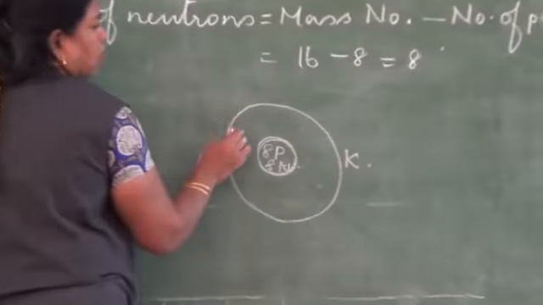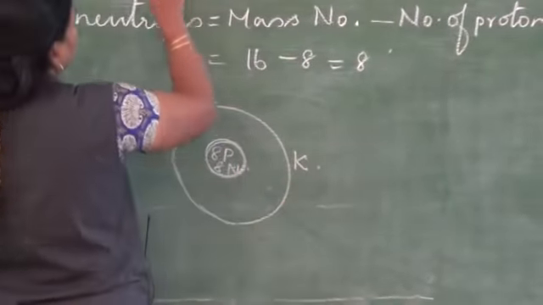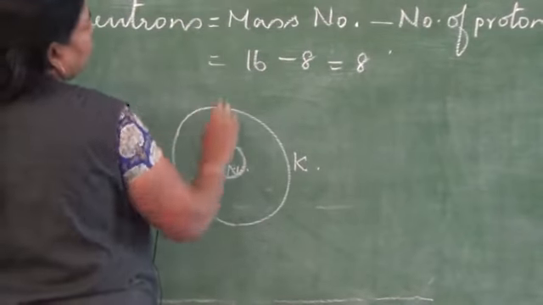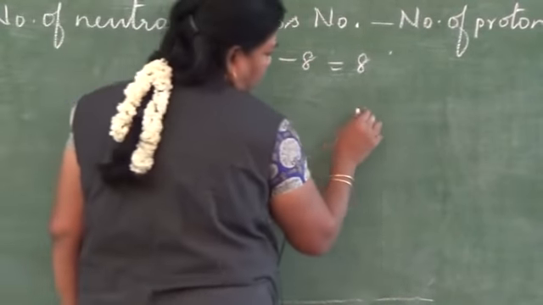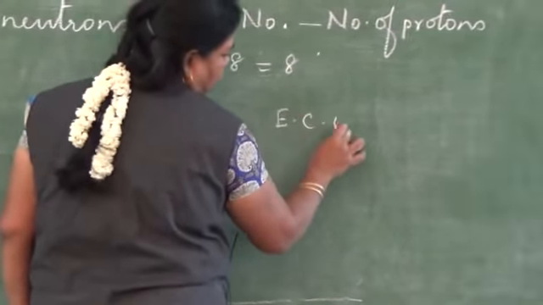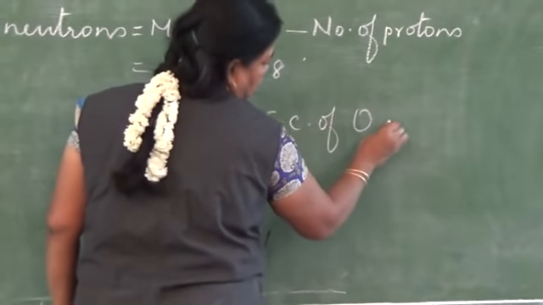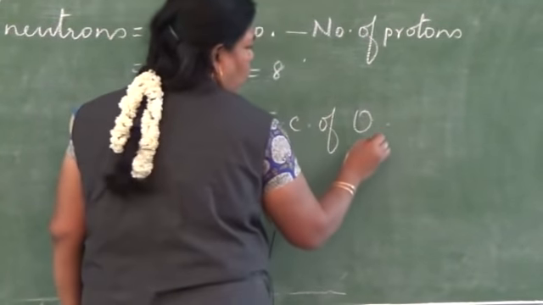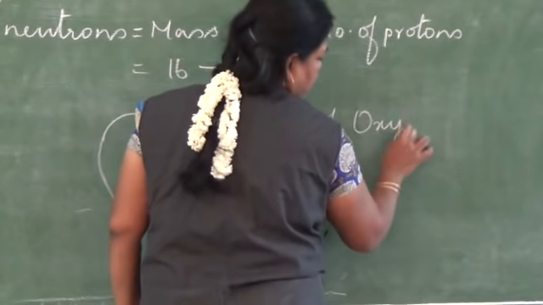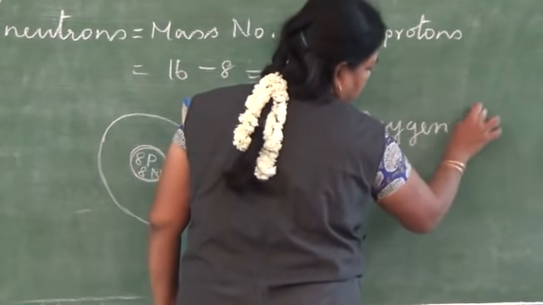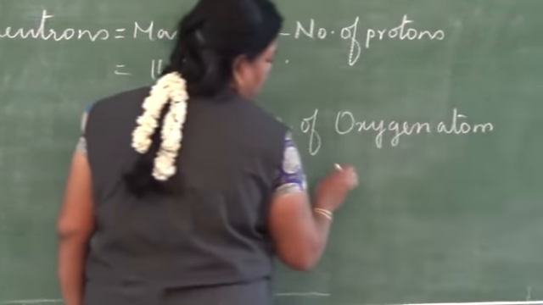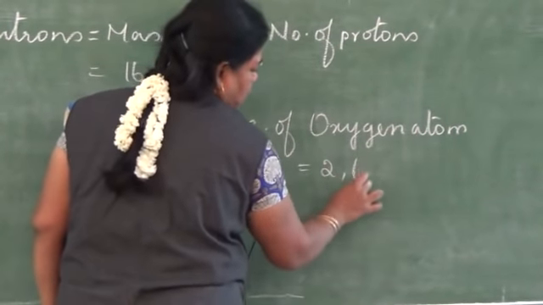And then, how many electrons in oxygen atom? 8 electrons. What is the electronic configuration? The electronic configuration of oxygen atom is 2, 6.